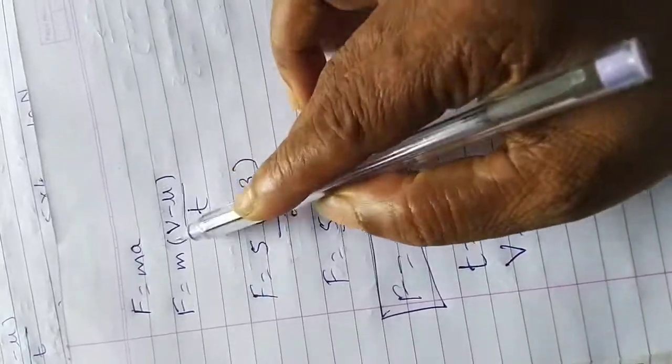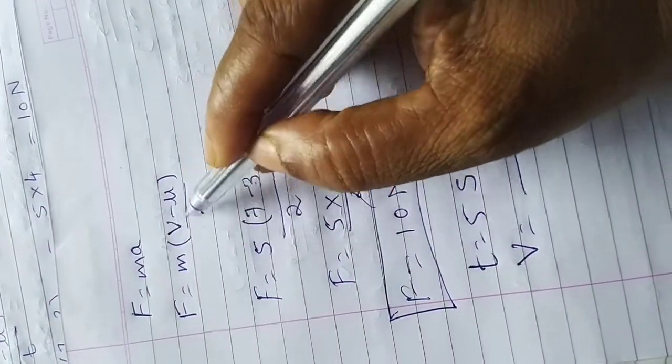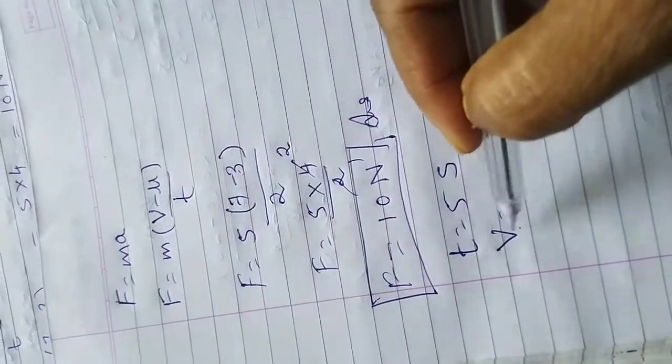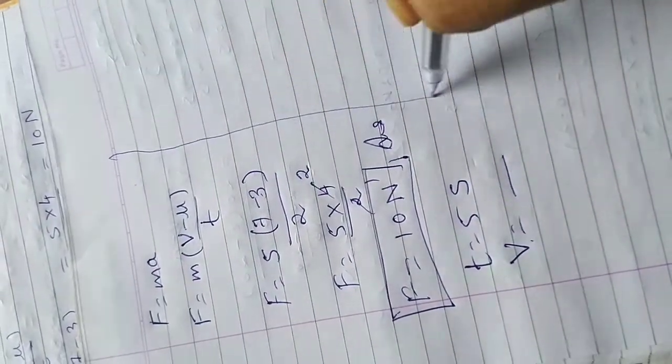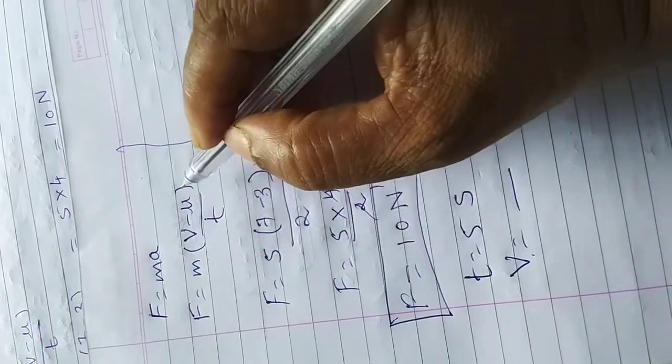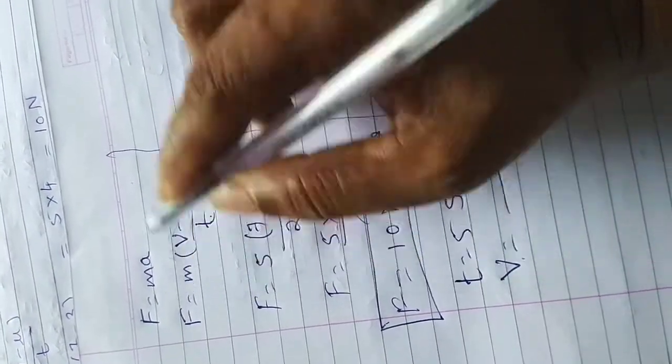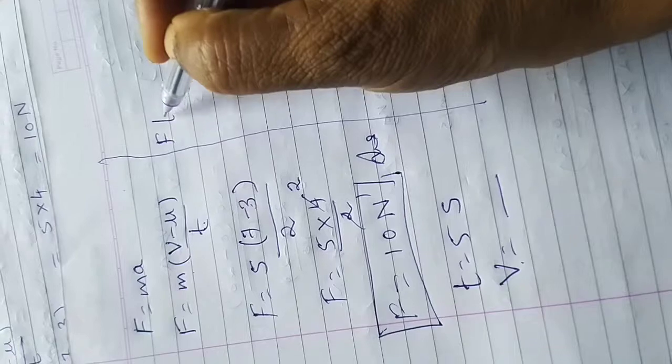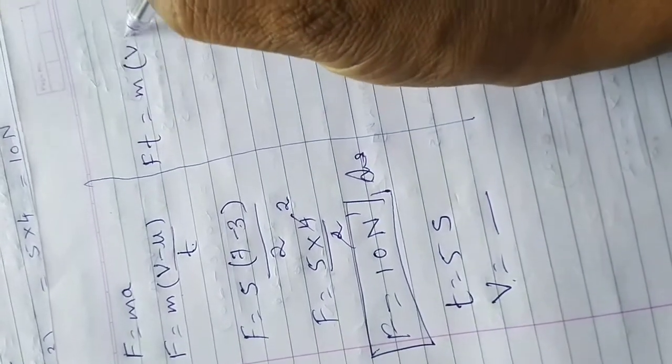So from this formula, make v the subject, because we have to find out v. We can calculate it this way. You see, this m, keep on the right-hand side and this will shift to the left. It will be Ft. So we will get Ft is equal to m(v minus u).